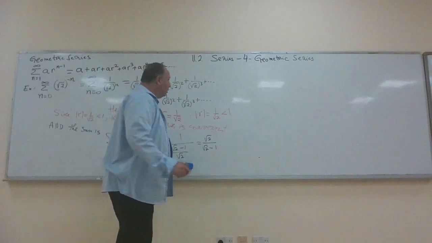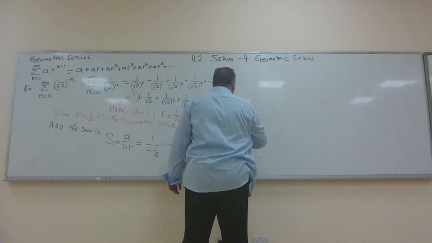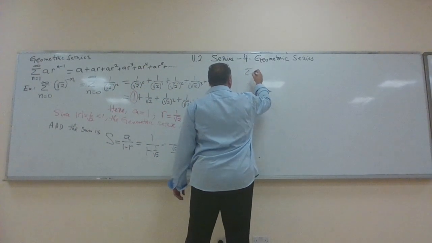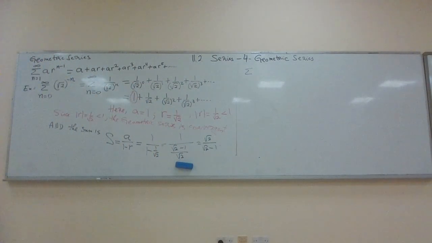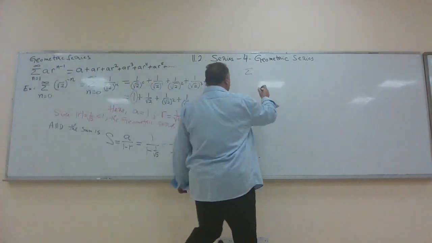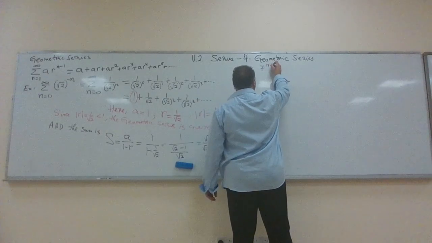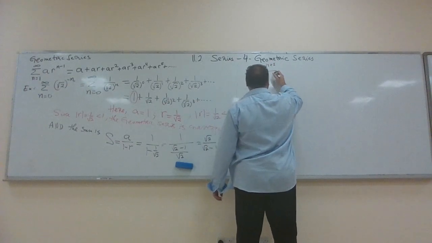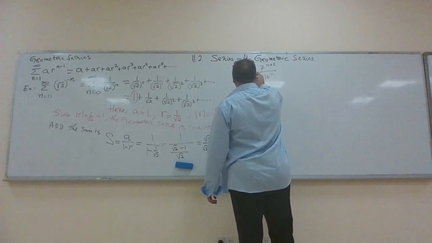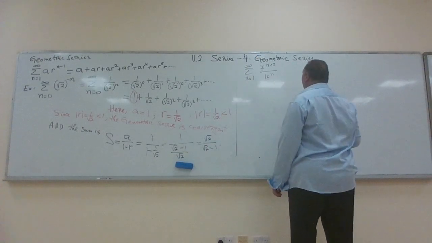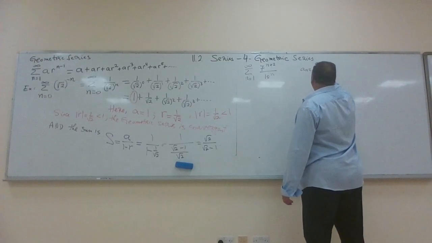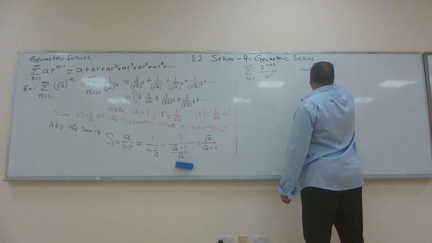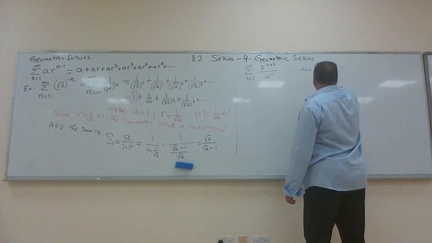Maybe the last one. So let me see an ugly expression. So let's start here from 1 on. So we see that a_n is 7 to the n plus 2, over 10 to the power n.